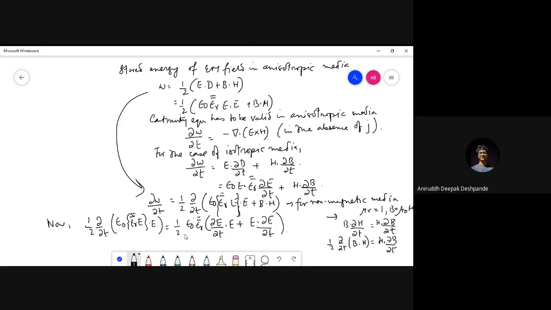I don't think it's the same. You're saying epsilon r can multiply any one of them? No, I'm saying it's not associative.